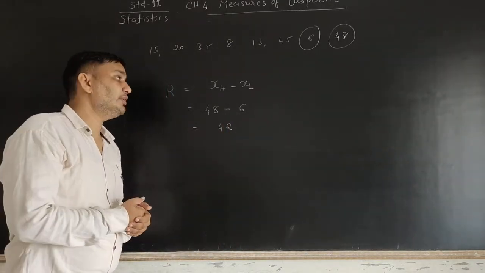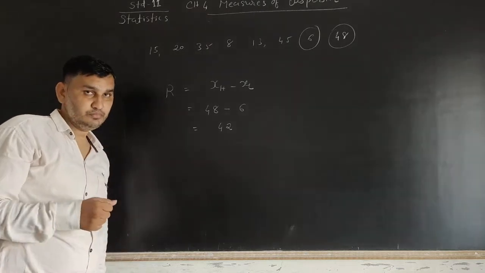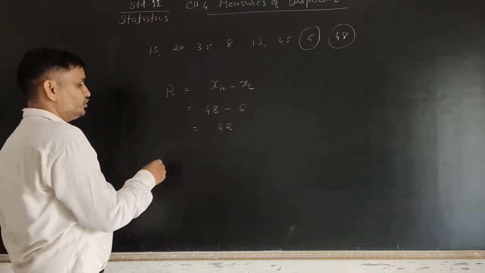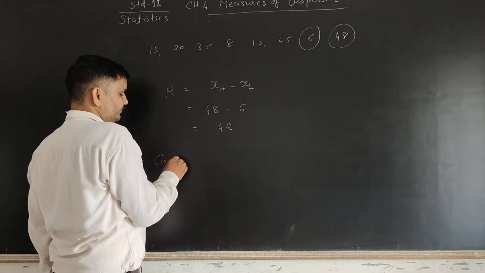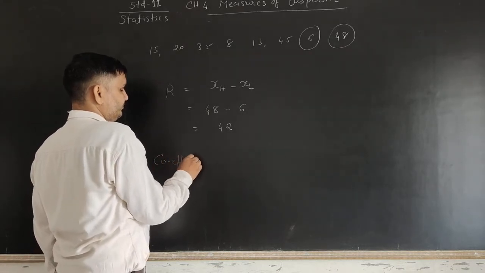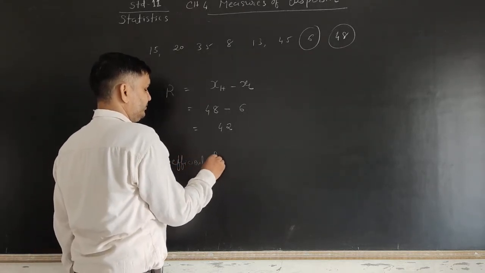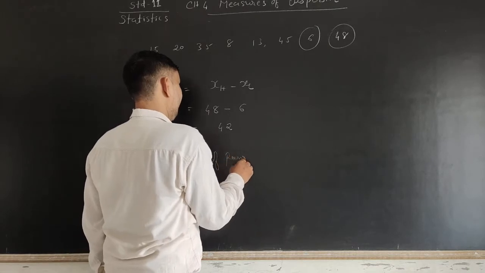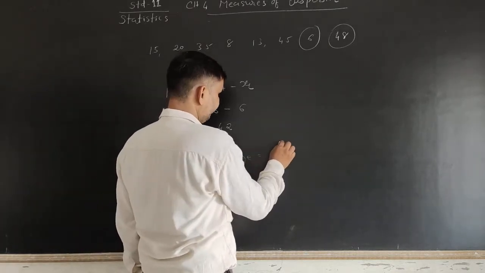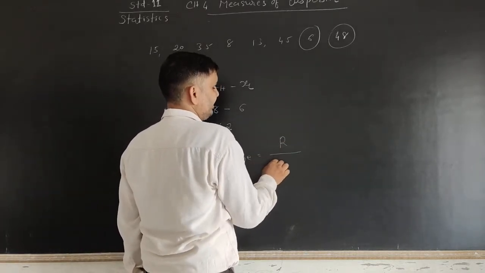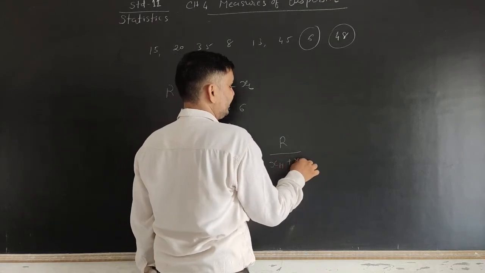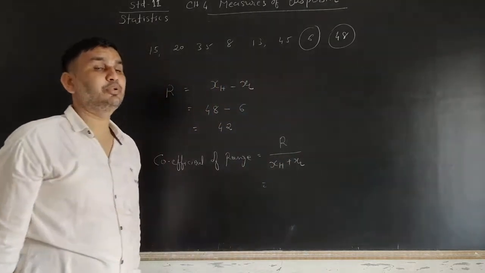And suppose you want to find the relative range, the coefficient of range. It is equal to R divided by XH plus XL. Now put in the values and you will get the answer.